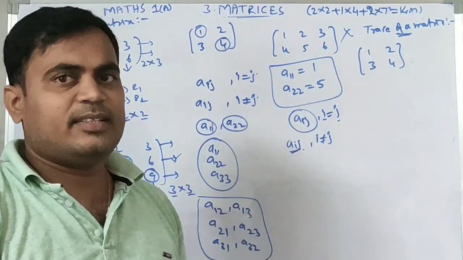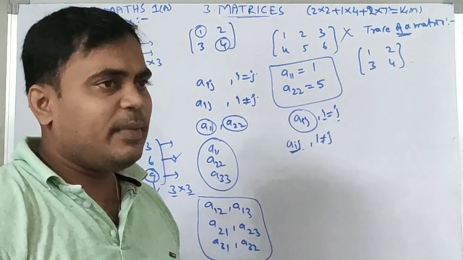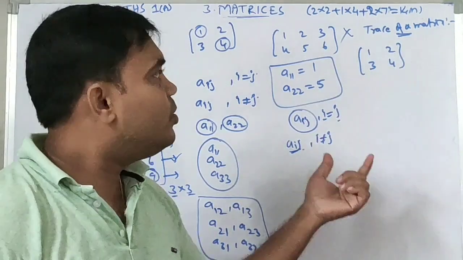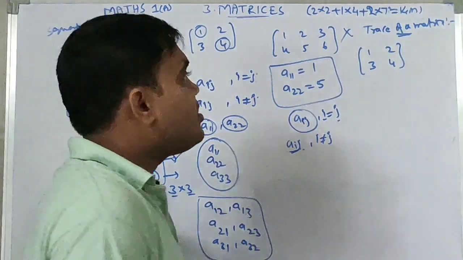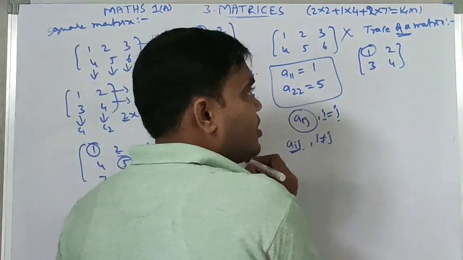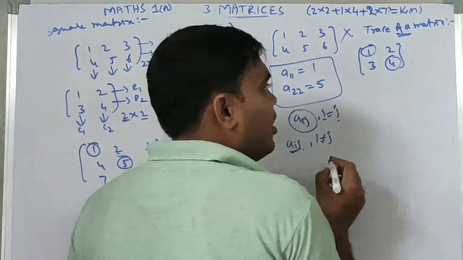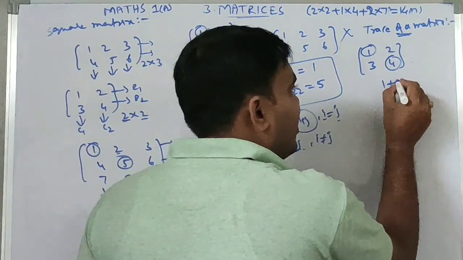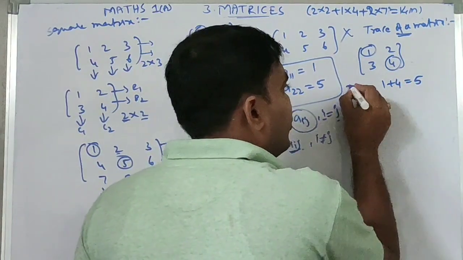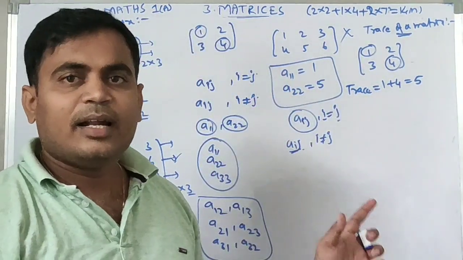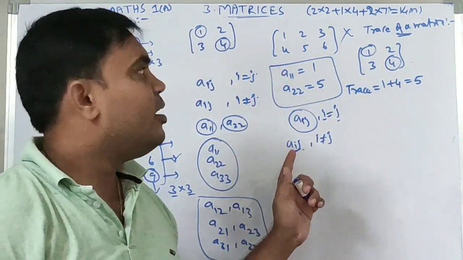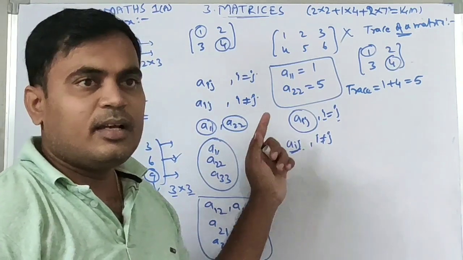If we want to discuss the diagonal elements, what are the diagonal elements? 1, first row, first element, and 4, second row, second element. I want to sum 1 plus 4 equal to 5. So trace equal to 5.